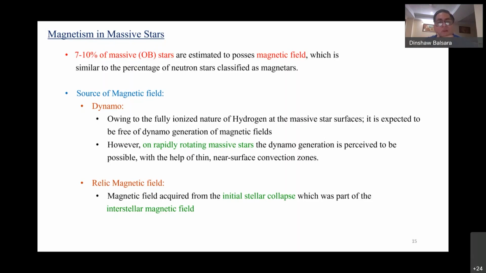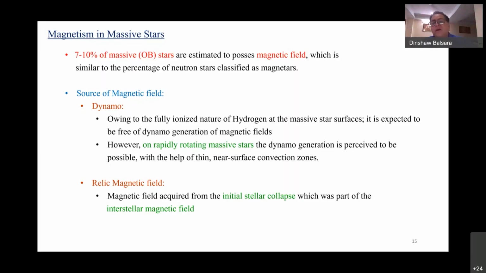Now, one very obvious question is: how did these massive stars acquire these magnetic fields? That is a little bit of a gray area because, in some sense, people have conjectured that you could have some sort of dynamo process. However, the outer structures of these massive stars are in fact radiatively stable. They're not convective.